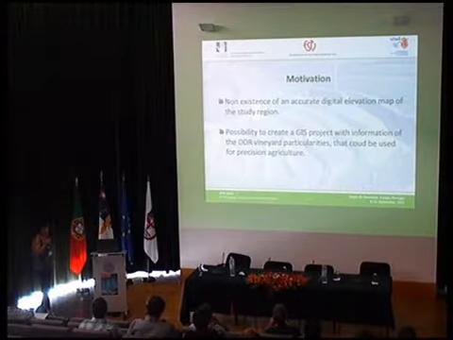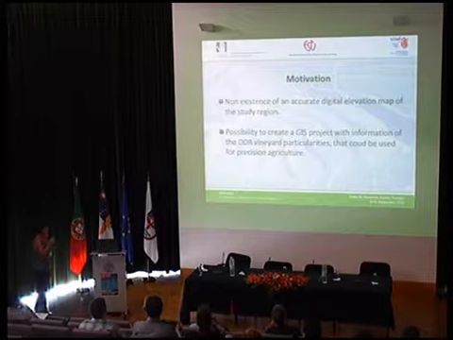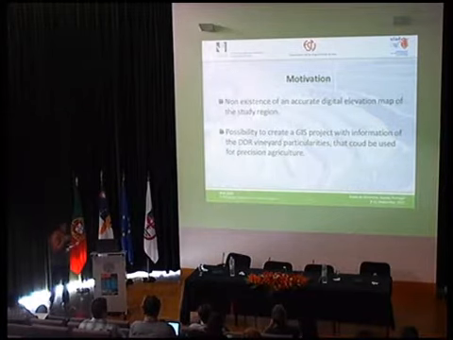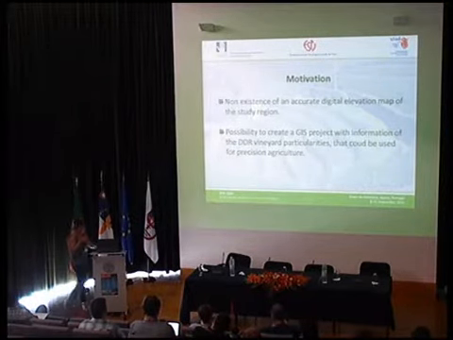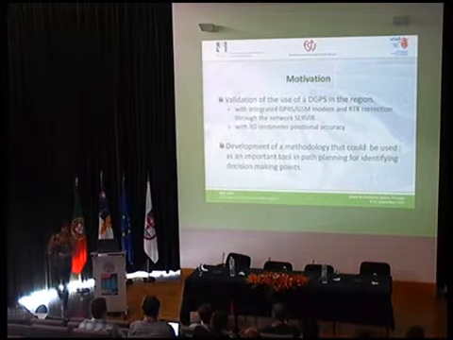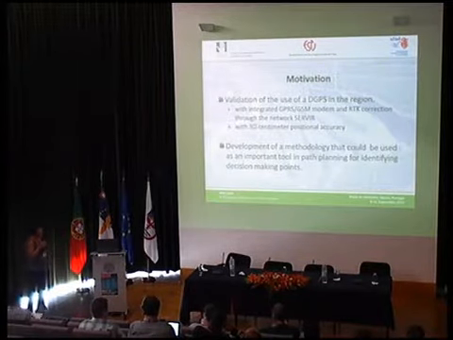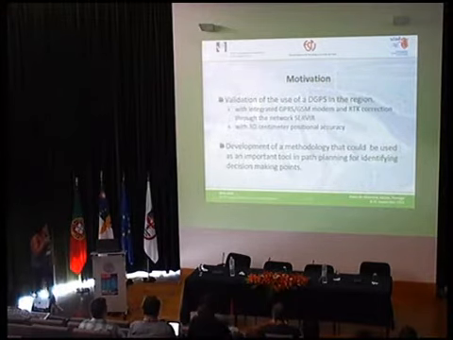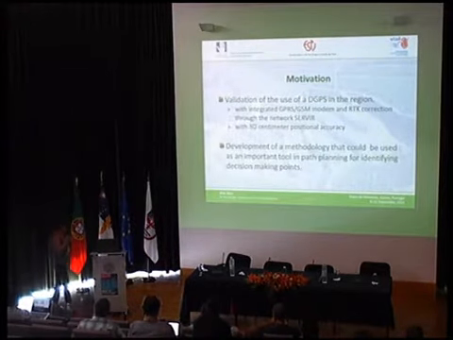The motivation for this work is the non-existence of an accurate digital elevation map of the studied region, the possibility to create a geographic information system project with information of the vineyard particularities that could be used for precision agriculture, the validation of use of a special GPS, a differential GPS, in the region that has an integrated GSM modem and has corrections in real time with three-dimensional centimeter positional accuracy.